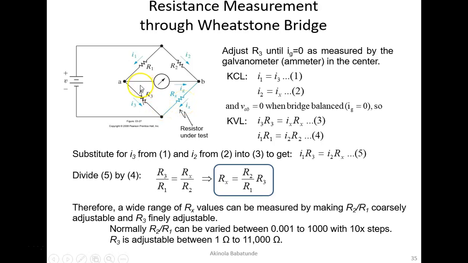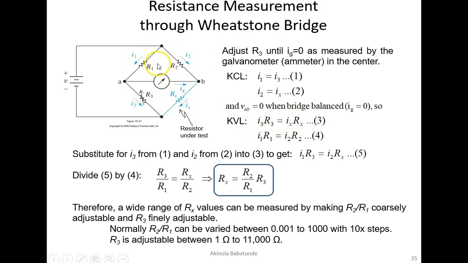If we have a closed path here and current is moving this way, then what you will find out is that this current is 0 plus Ix Rx minus I3 R3 equal to 0. Since this is 0, we are left with Ix Rx minus I3 R3 equal to 0. Hence, our Ix Rx will be equal to I3 R3. That's exactly what we have here.